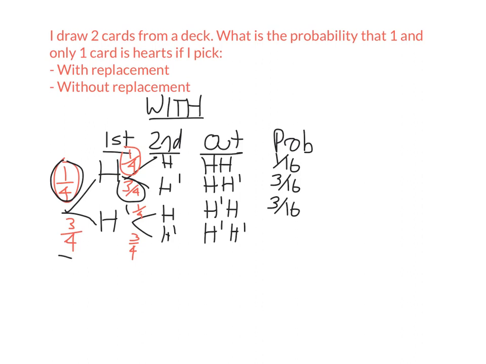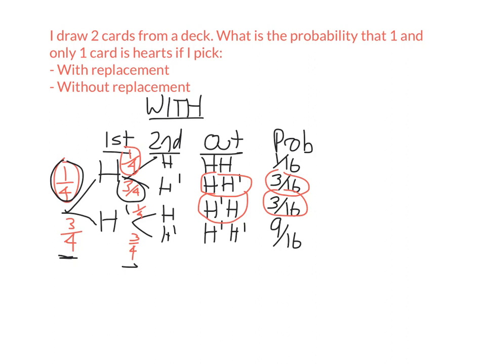The last one, 3/4 times 3/4, is 9 over 16. So I have a 1 in 16 chance of getting both hearts. I have a 9 in 16 chance of getting no hearts. So the probability I get 1 and only 1 heart. So I could get this or this. I could get hearts the first go but not the second go, or I could get hearts only on the second go.